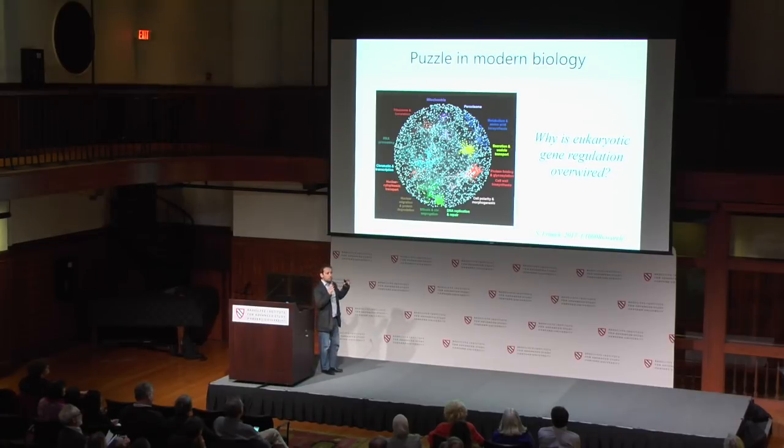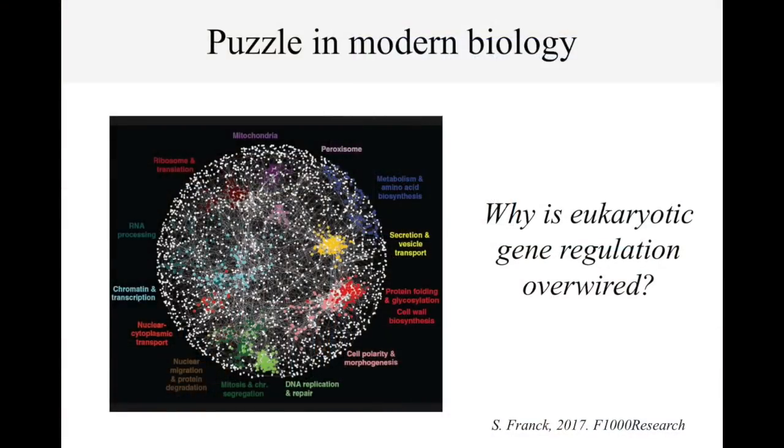It's a huge complexity, and it's very difficult not only to understand what's going on, but also to understand how it came about in the first place. Why is it that you have such complex regulatory networks in eukaryotes especially? That's my question today.